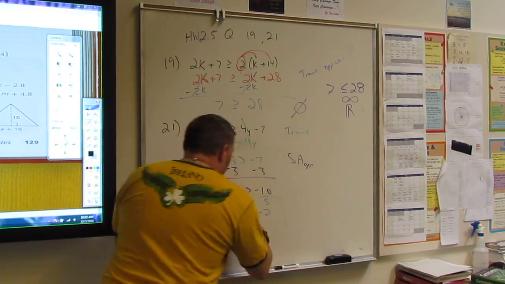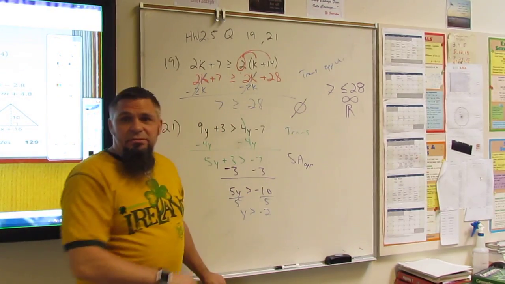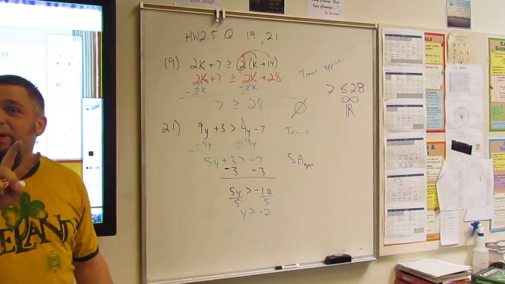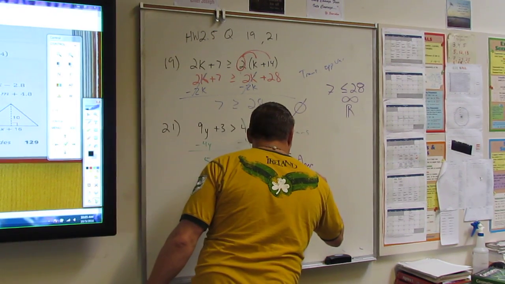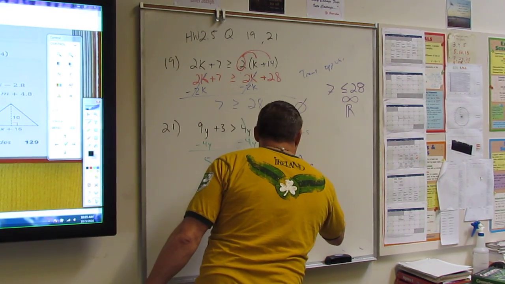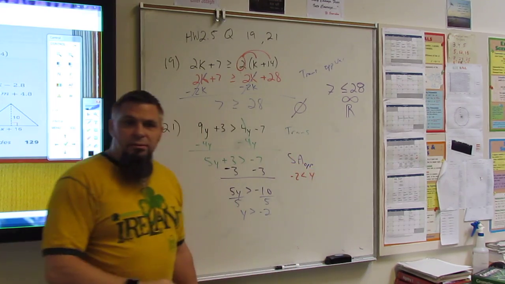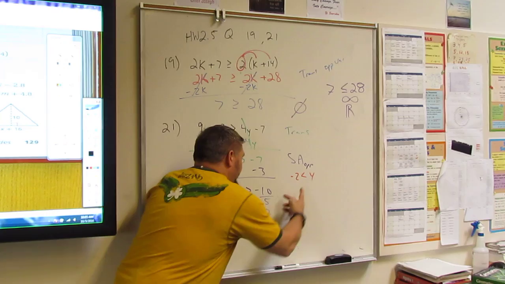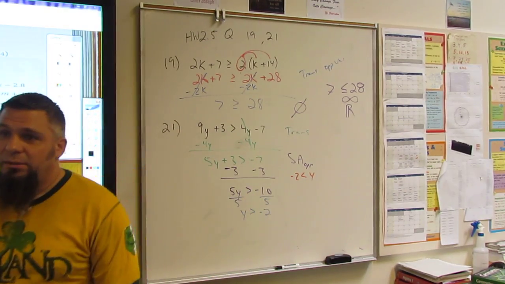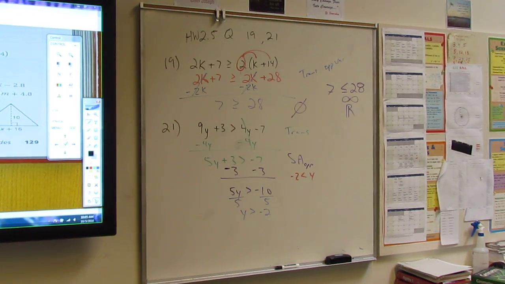All I want you to do is make sure the variable's on the left, otherwise we will have to flip it. Does that make sense? If we would have had -2 is less than y, you see how this is the same as this? I would have just had to flip it around. That's all. No big deal. Just flip it around. Okay?